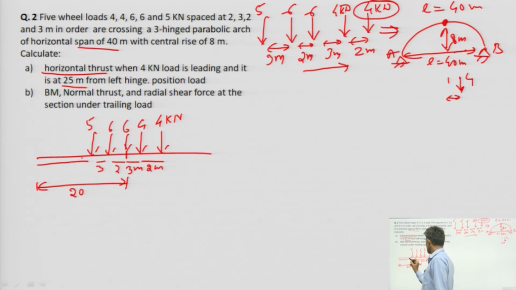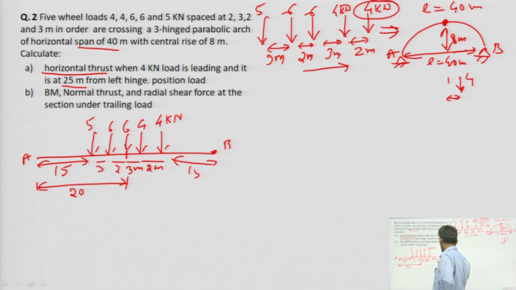So, this one distance is how much? This one distance is 5. So, it is 15, and this remaining distance, say this point is A, this point is B, the horizontal distance is 10, it is also 15. So, this is the position of the load.